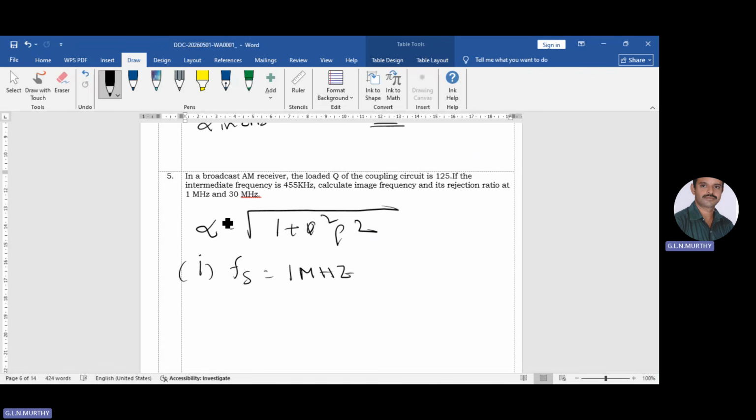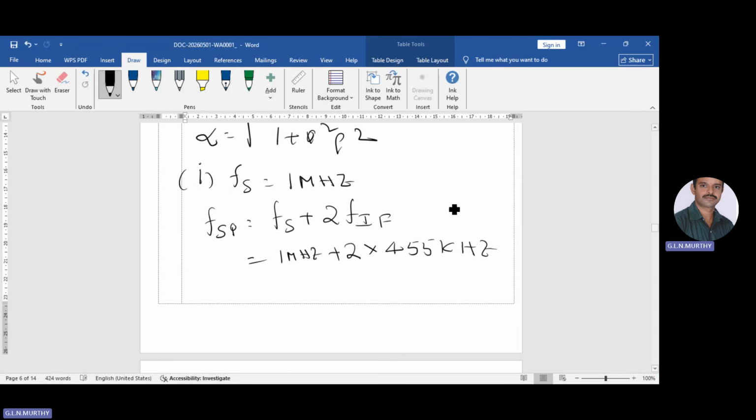Initially, estimate the image signal frequency, Fs plus 2 into FIF. Fs is 1 megahertz, and for an AM radio receiver IF is 455 kilohertz. So 1 megahertz plus 2 into 455, which is 910 kilohertz.